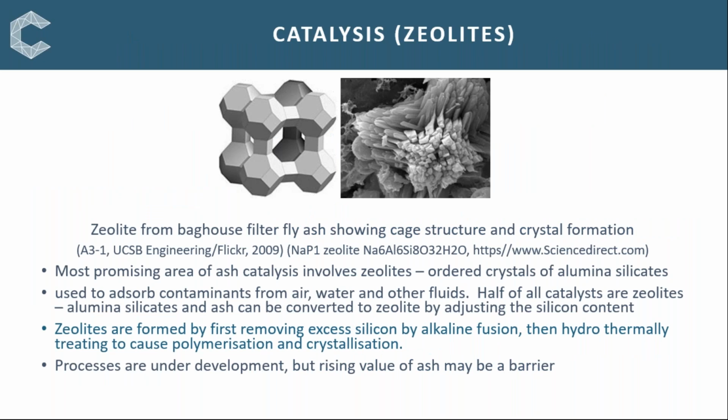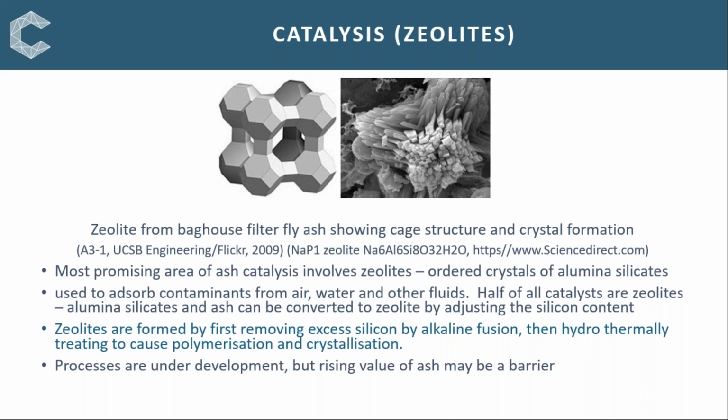Turning now to ash and catalysis, the researchers are exploring use of fly ash directly as catalyst supports in a wide range of applications, some related to hydrogen production and carbon capture. But as an alumina silicate material, the ash is already close to the composition of zeolites.